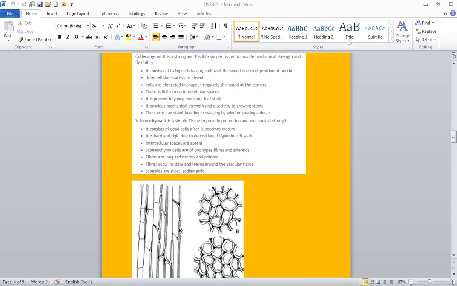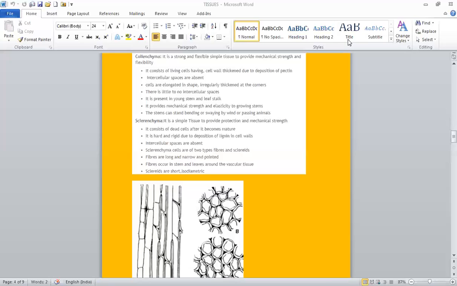Permanent tissue can be divided into two groups: simple permanent tissue and complex permanent tissue. Simple permanent tissue can again be divided into three: parenchyma, collenchyma and sclerenchyma. In our last class, we studied parenchyma. Today, we will study collenchyma.